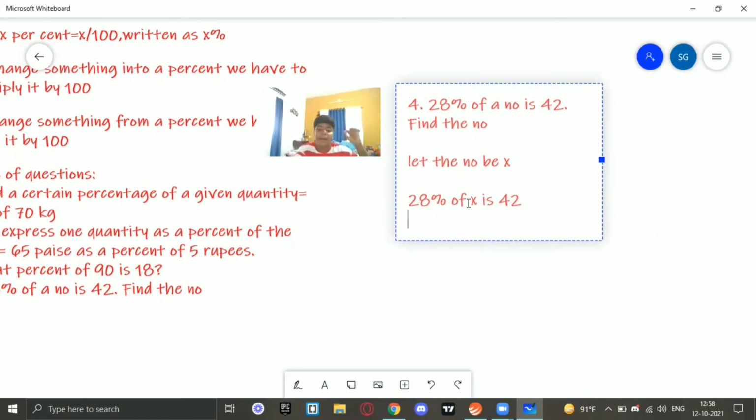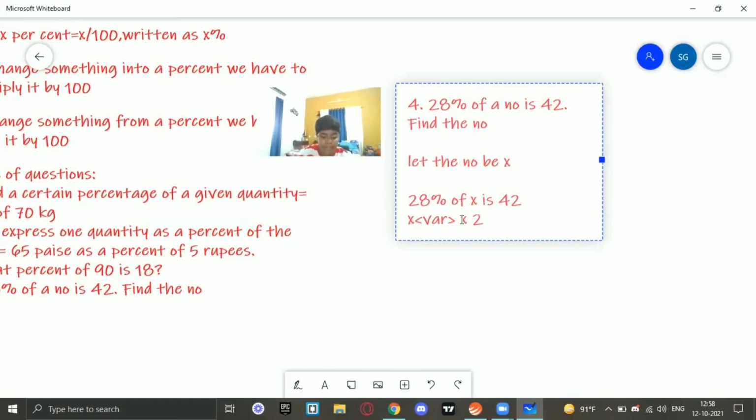Of means multiplication. So the word 'of' will mean multiplication, and after this we will get the variable x into, now this x is the multiplication sign, so x into 28 upon 100 equals 42, because that's what the question means.